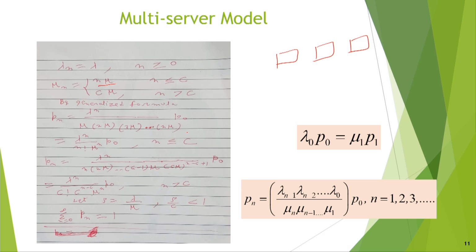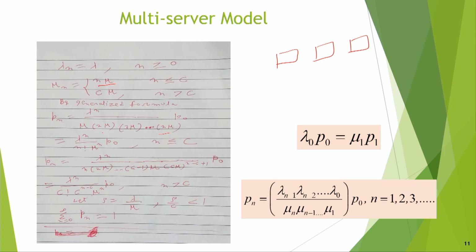So, we put that formula, and I can keep putting the values. Suppose 1 is there, so this is mu, then 2 mu, then 3 mu, and up to n mu, then you get saturated also, and P0 is equal to this one.